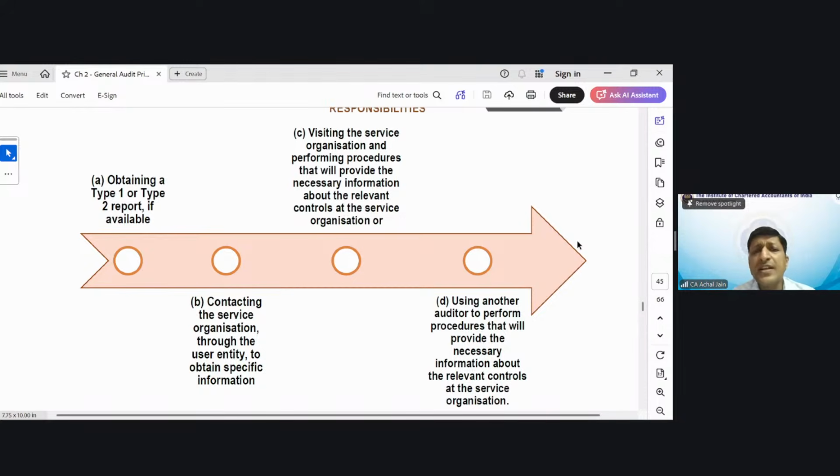Visiting the service organization and performing procedures that will provide the necessary information about the relevant controls and the service organization. Now, can this requirement be placed by the user auditor? Answer is yes.